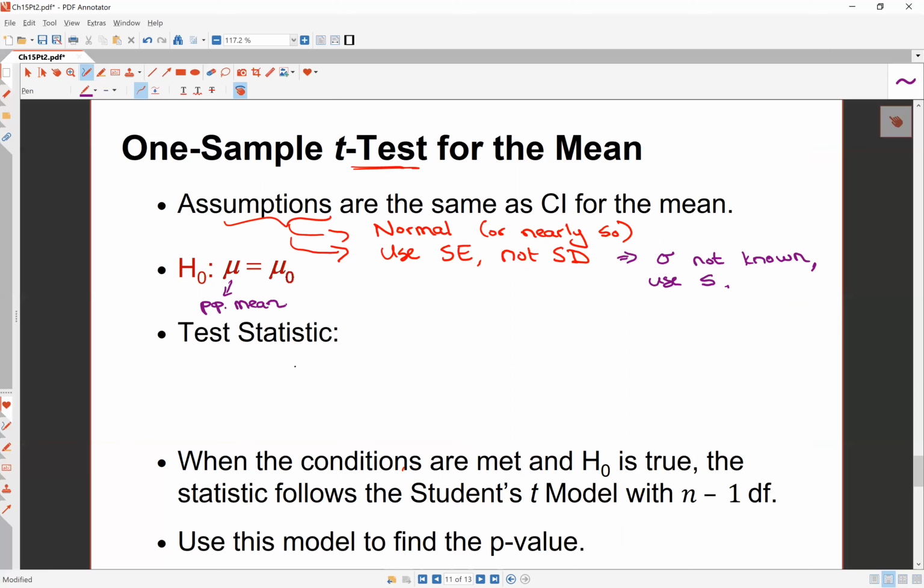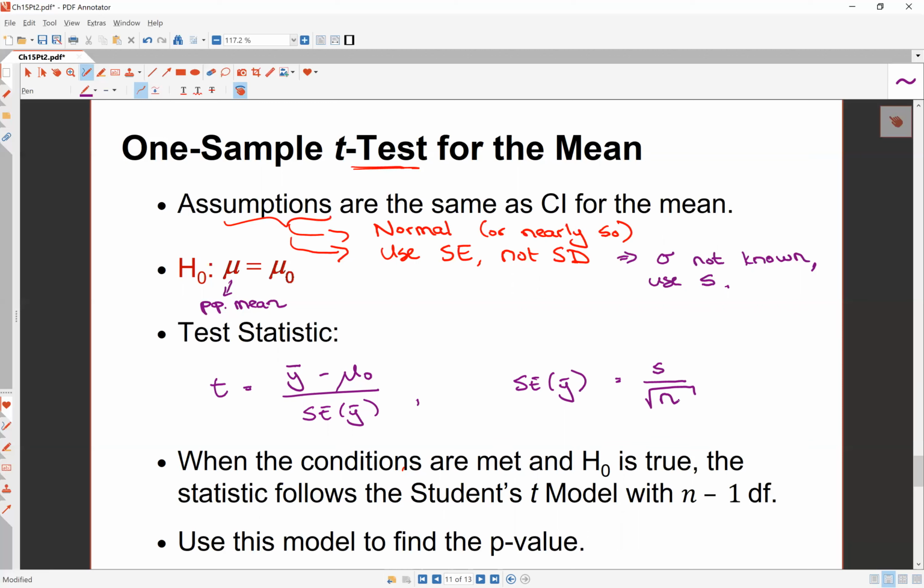Now, if you've determined that you're in the t-test framework, so normal or a nearly normal model, but the population standard deviation is unknown, then your test statistic will be the t-statistic, defined as y bar minus mu 0 over the standard error of y bar, and the standard error of y bar, or the standard error of our sample average, is equal to the sample standard deviation over the square root of n.